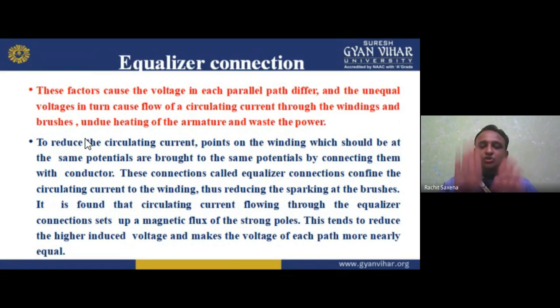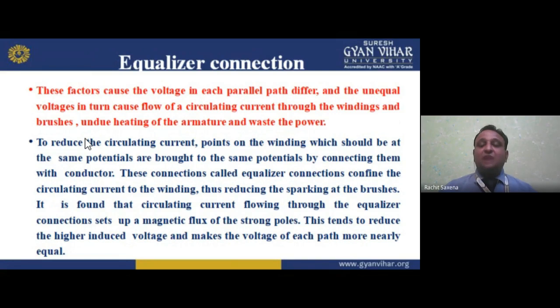We make connections like this, not like this, so the connections are made equal. These connections are called equalizer connections. The word equalizer comes from equal, so we are making the connection equal. They confine the circulating current to the winding, so equal current will flow.